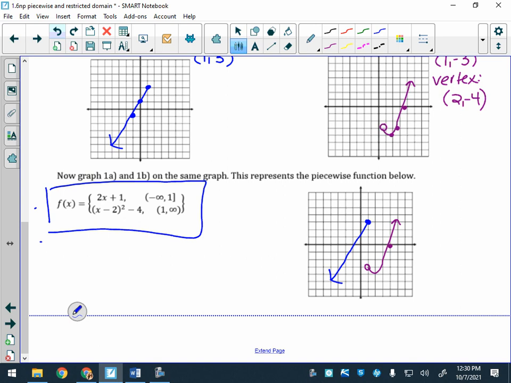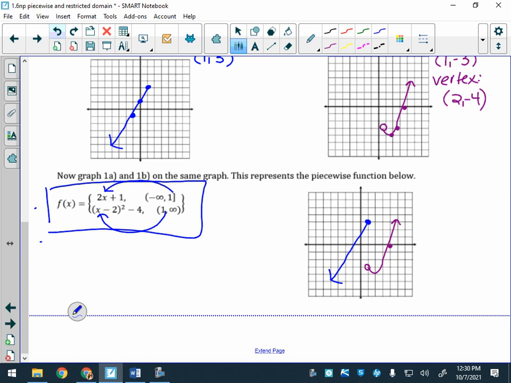That's kind of like your boundary line. 2x plus 1 cannot go past, to the right of, 1. It has to stay in this region. So what you would always do is substitute that number into the equation, graph that first, then do the same thing here. That is a piecewise function.